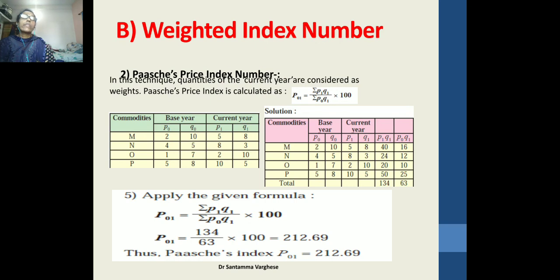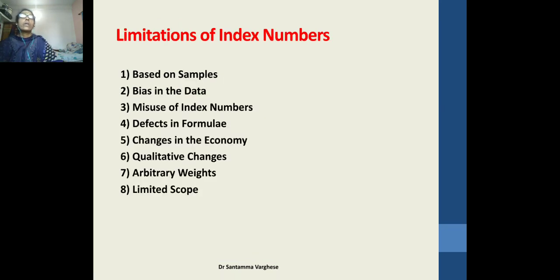ओके, कंस्ट्रक्शन ऑफ इंडेक्स नंबर में हमने जो स्टडी किया है, सिंपल और वेटेड है. सिंपल में 3 और वेटेड में 2 फॉर्मूलाज दिए हैं, 2 इकोनॉमिस्ट्स के. Now limitations of index number. Everything in economics, when we study, has limitations, and the limitations are: based on sample, bias in data, misuse of index number, defects in formula, changes in economy, quantitative changes, arbitrary weights, and limited scope.